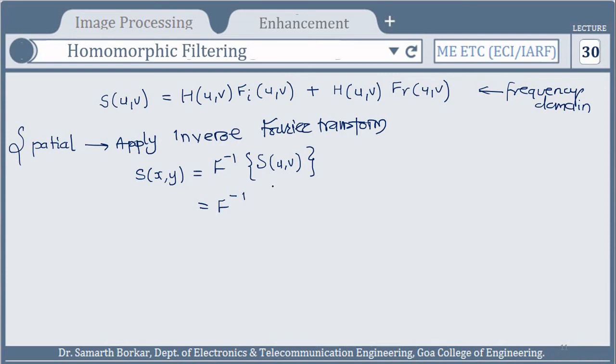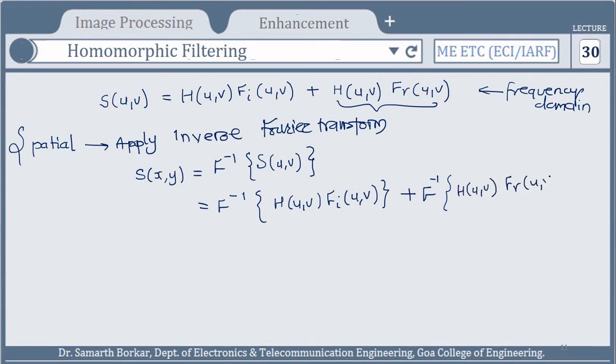You can separate this out as this particular equation: inverse Fourier transform of H of UV Fi of U, V, plus inverse Fourier transform of this other component, H of UV Fr of U, V. Fine.